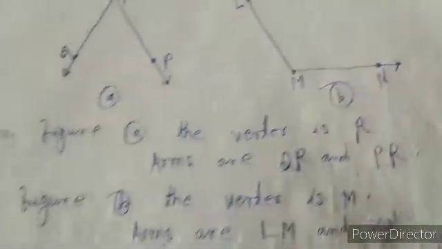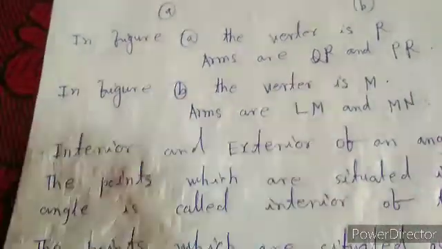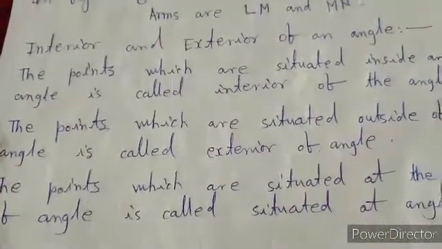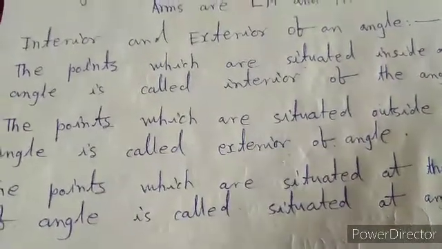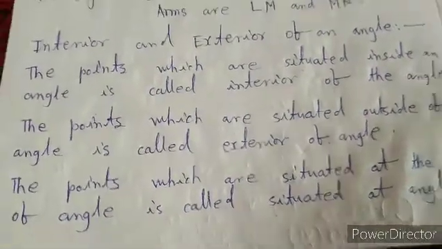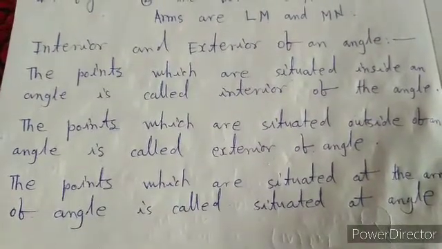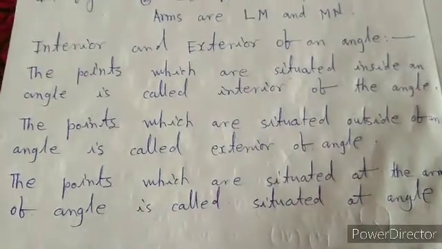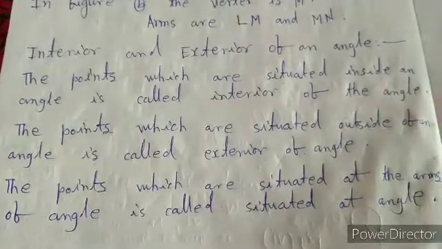Interior and exterior of an angle. The points which are situated inside of an angle are called the interior of the angle, and the points which are situated outside of an angle are called the exterior of the angle. The points which are situated on the arms of the angle are called situated on the angle.